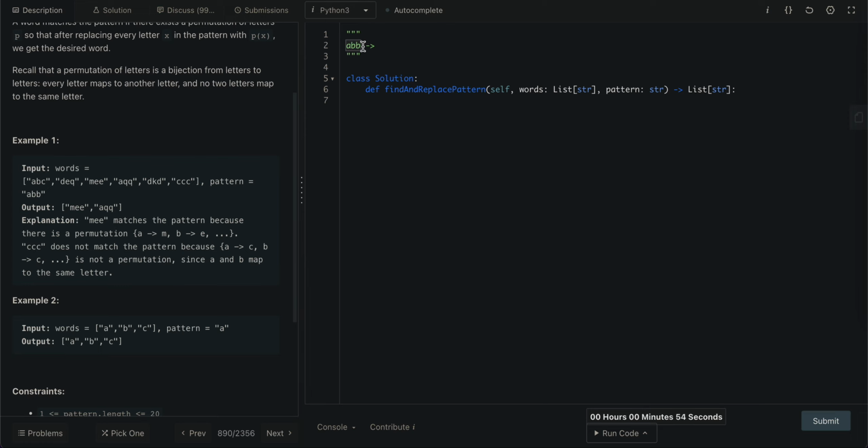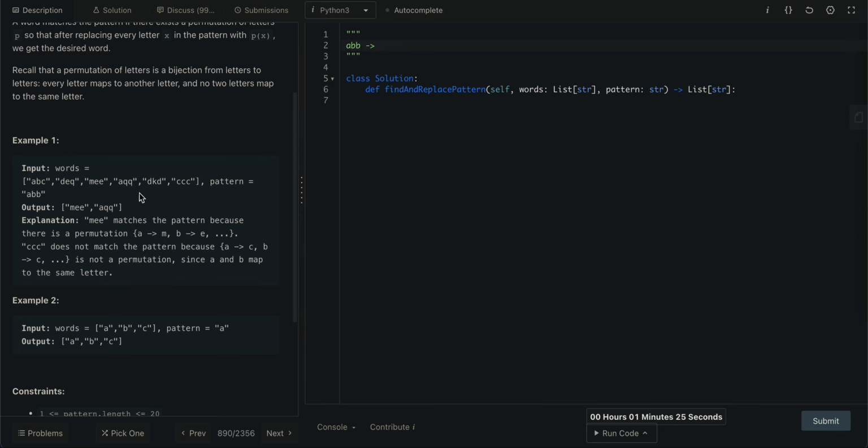What I did was assume that the frequency of characters should match, and I wrote the code that way, but that's not the case. Actually, pattern means it should match each and everything: the frequency, the order, and so on.